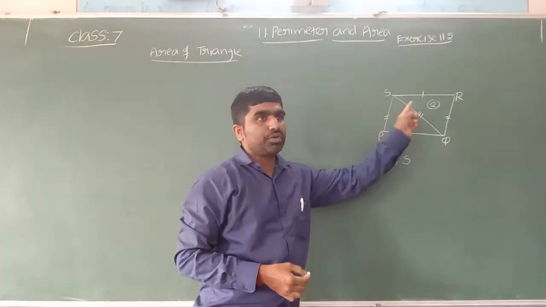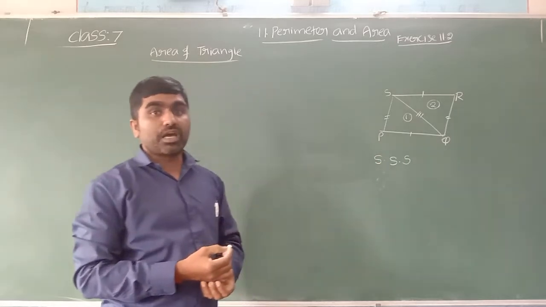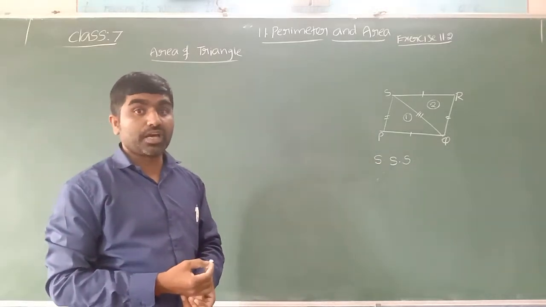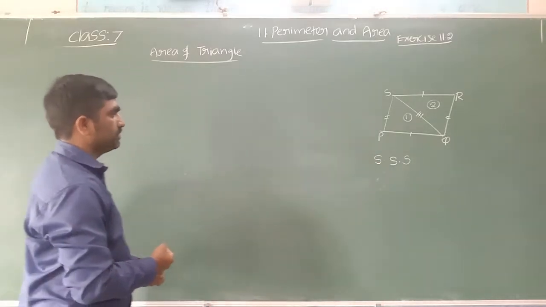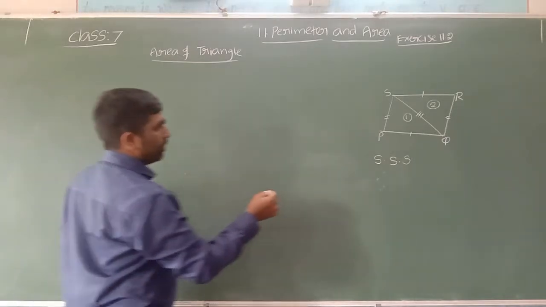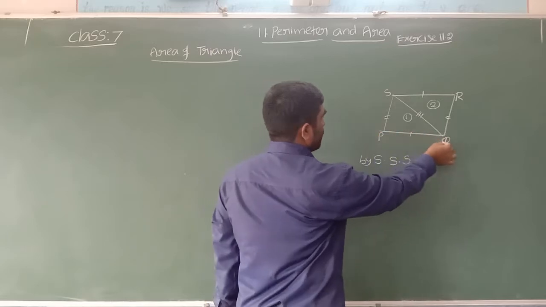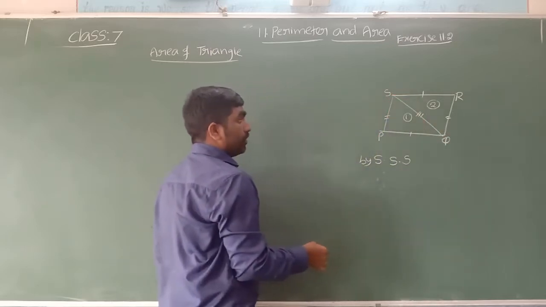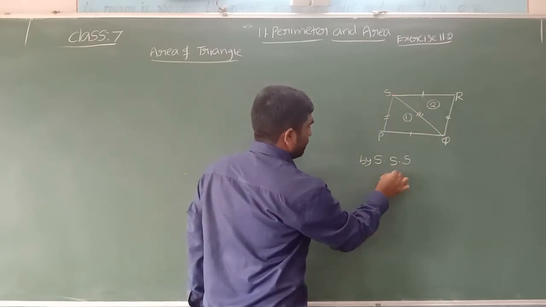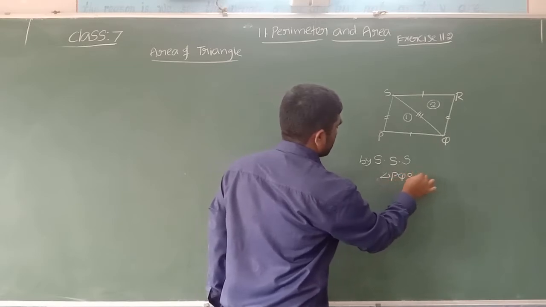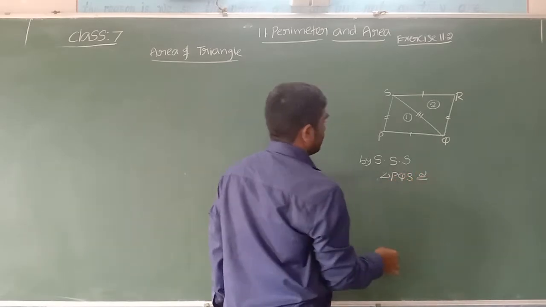So as I said, when 2 triangles are congruent, they must have equal areas. Now what can we write here? By SSS, triangle PQS is congruent to triangle RSQ.